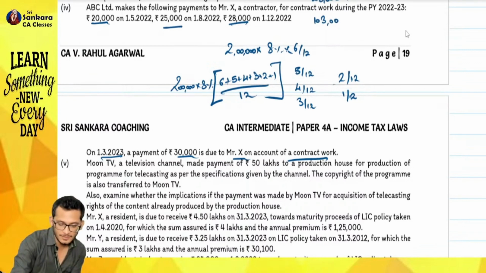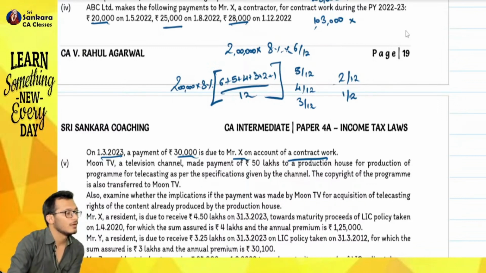How did you decide 1%? Contract has 2 rates. 1% or 2%? How did you decide? Who's making the payment? ABC is making. Who's receiving the payment?